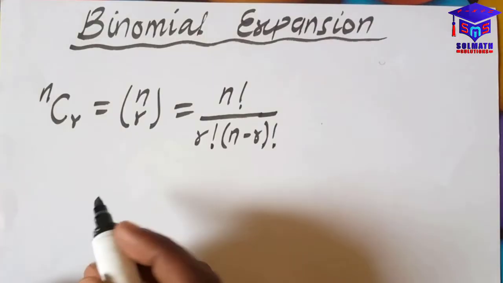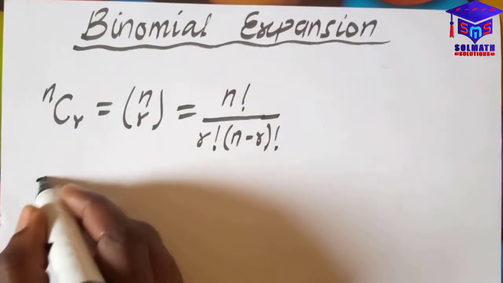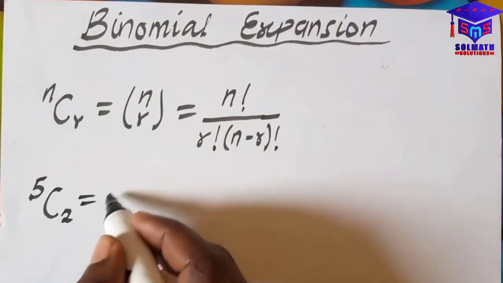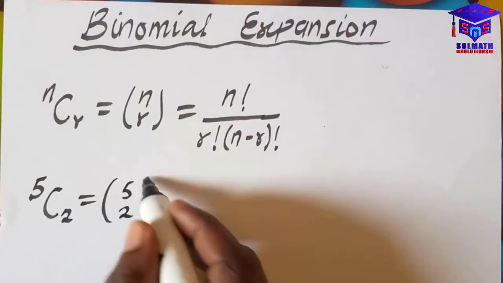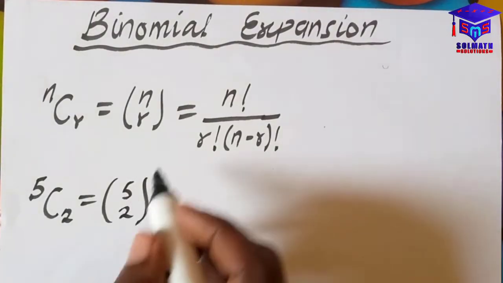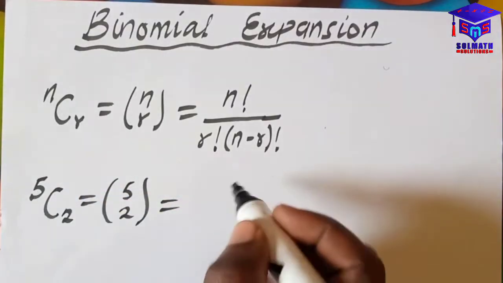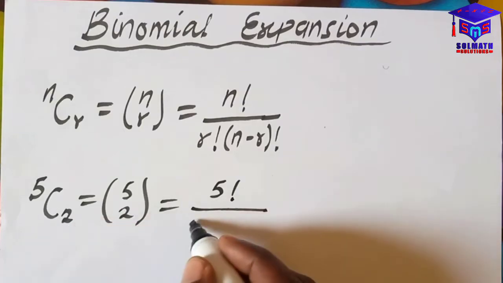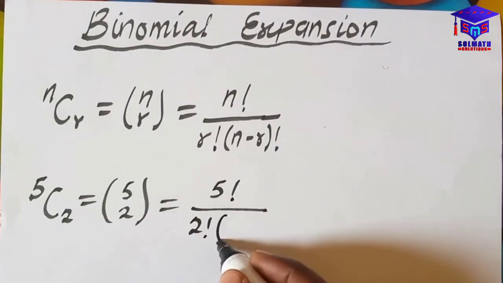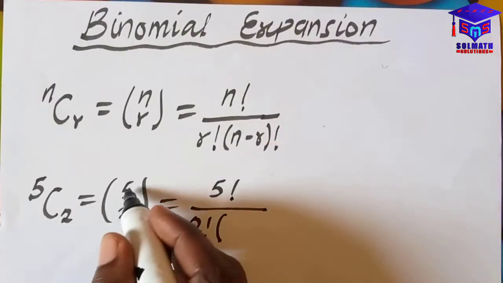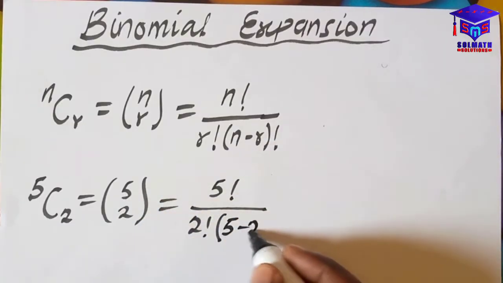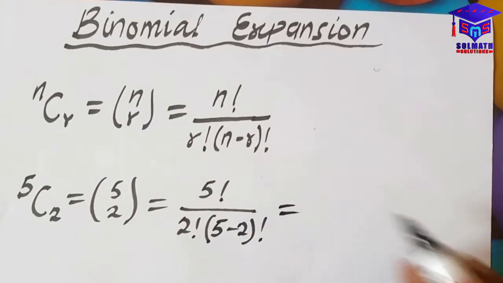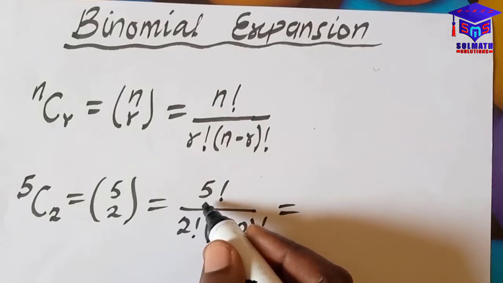So for example, if we have 5 combination 2, which we can write as 5 choose 2, this will be equal to 5 factorial over 2 factorial times 5 minus 2 factorial.